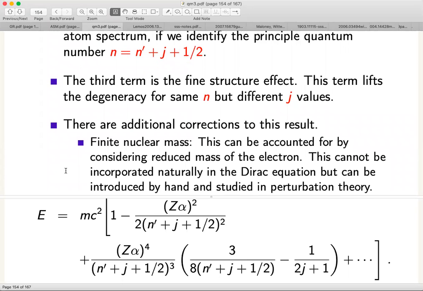Yeah, it's because there is no way available for us to write down gamma mu del mu plus mc upon h bar, and you know that there is no way you can fiddle with that mass really, because it's the same mass for a free particle and the same mass for the particle experiencing an electric field and so on. So what you do is you add additional interactions and treat them perturbatively.